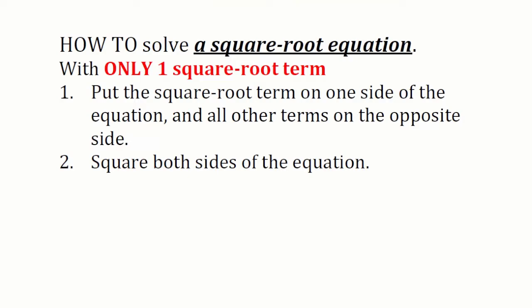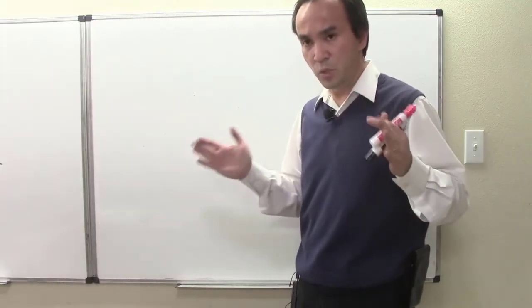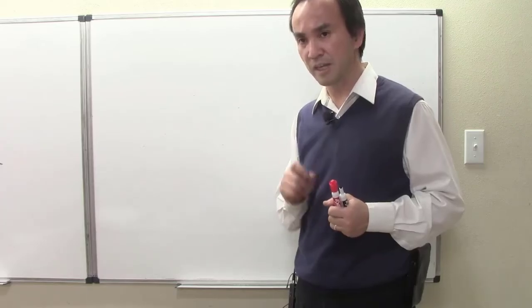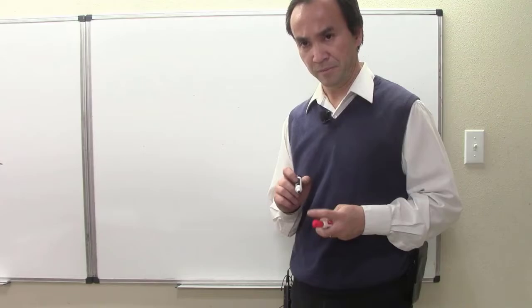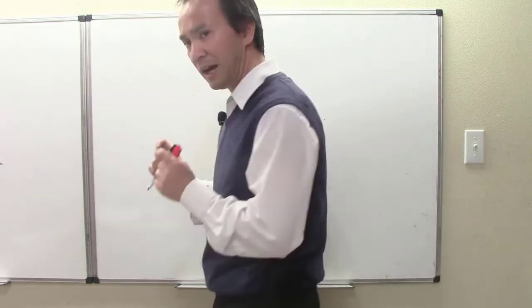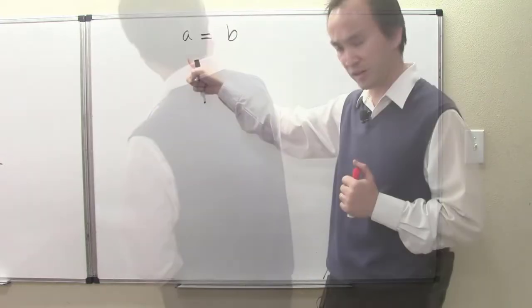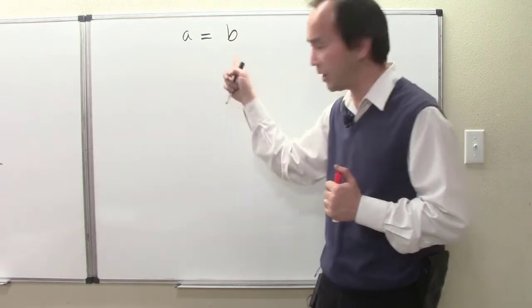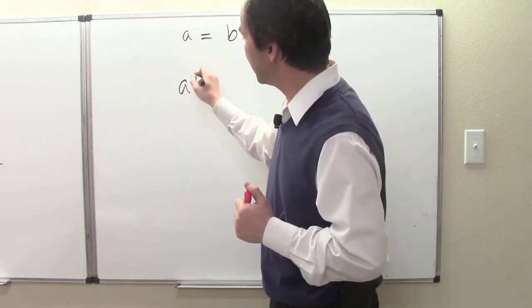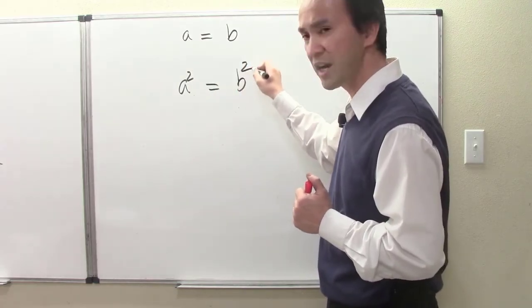The next step of our instruction: let's square both sides of the equation. Before I do what's instructed in step 2, allow me to bring in a property of equality. What allows us to do step 2 is that anytime we have an equation or an equality, taking the square of the left-hand side will also equal taking the square of the right-hand side.